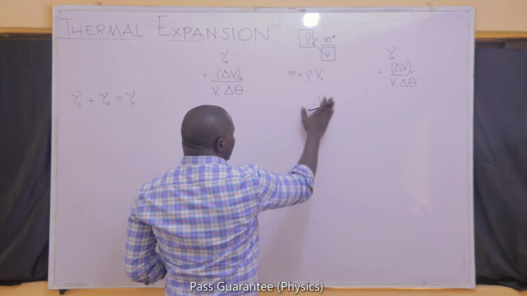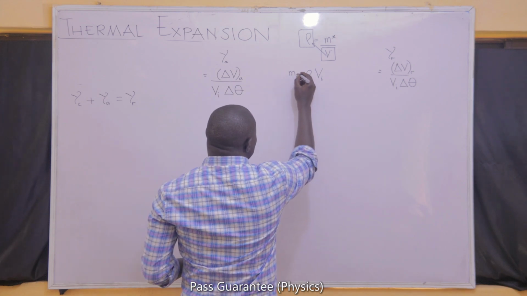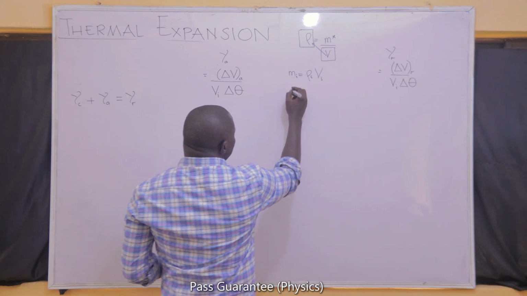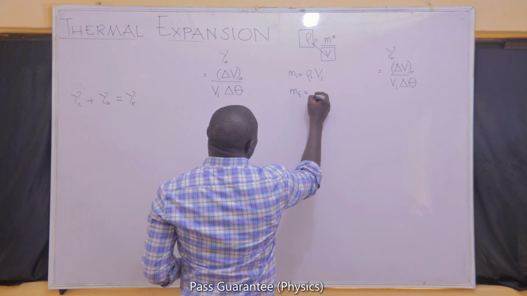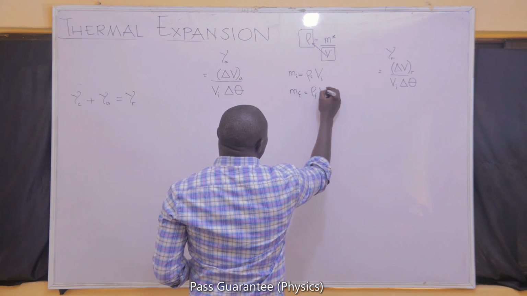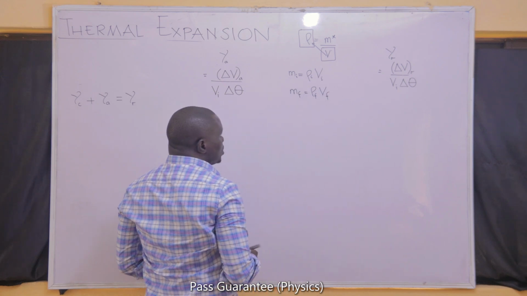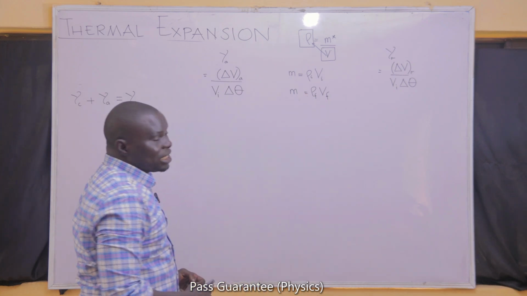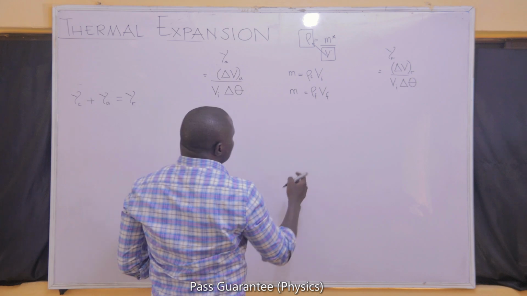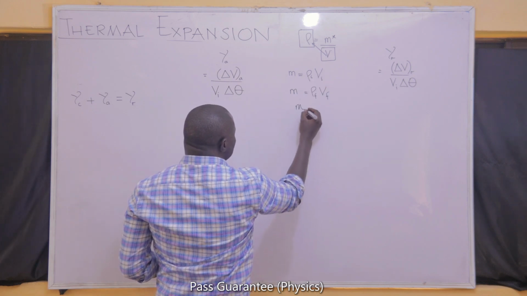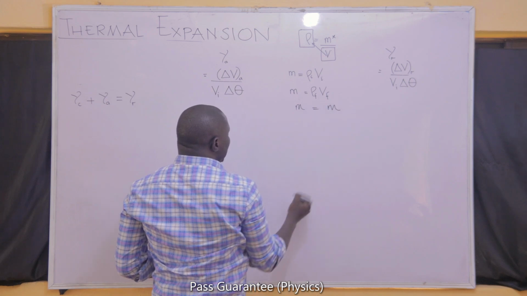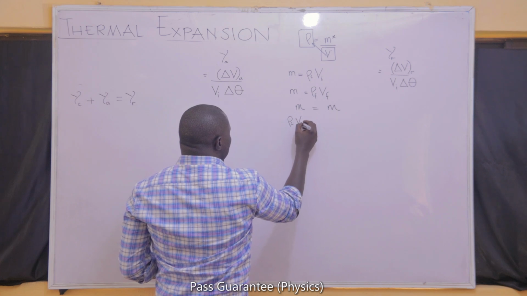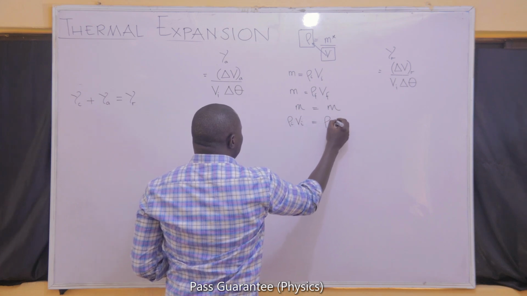If we write an equation for the initial condition, the initial mass must be equal to the initial density multiplied by the initial volume, while the final mass must also be equal to the final density multiplied by the final volume. But I just told you that heat does not affect the mass of a substance. If heat does not affect the mass of a substance, then the initial mass and the final mass must be the same. If that is the case, the initial mass, which is rho I VI, must be equal to rho F VF.